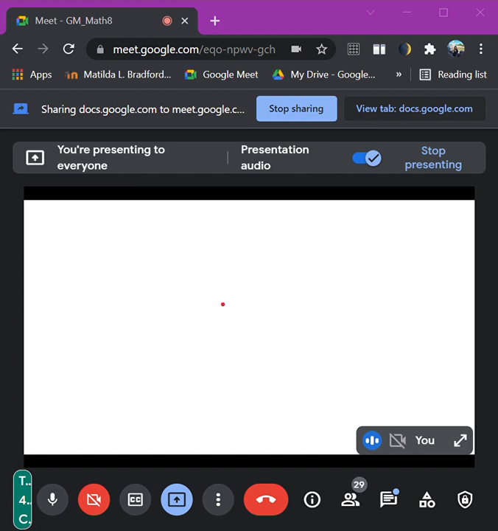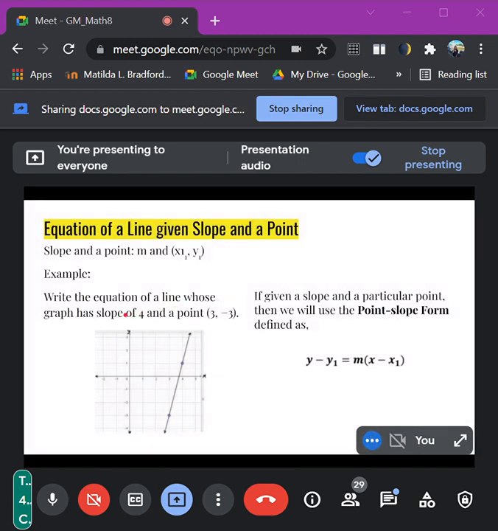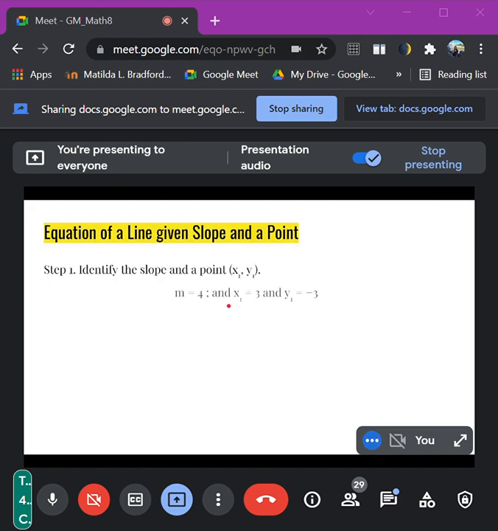This comes from the example, class. So, you have a slope of 4 and the point 3 and negative 3. After you got your slope and your point, we proceed to step number 2.